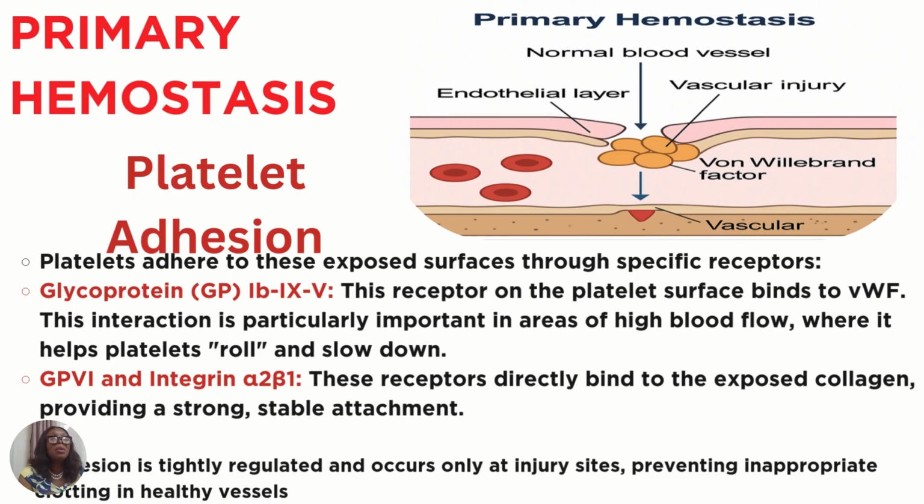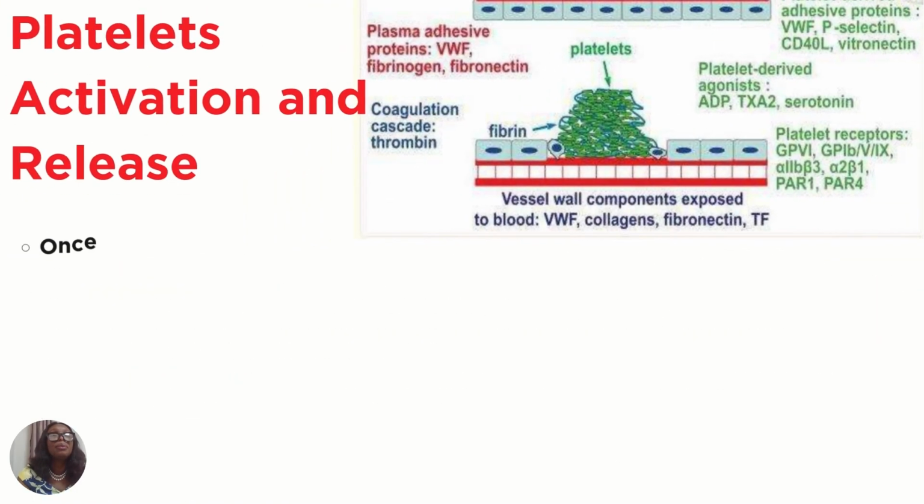Chief among them is the glycoprotein 1b-9 complex that adheres to von Willebrand factor at the exposed part of the blood vessel, and then glycoprotein 6 and integrin alpha 2 beta 1 receptors that help the platelet attach to the exposed collagen. The adhesion process is tightly regulated and occurs only at injury sites, preventing inappropriate clotting in healthy vessels.